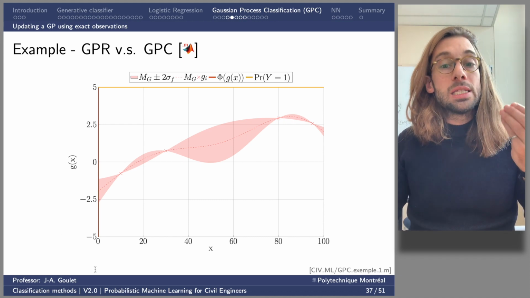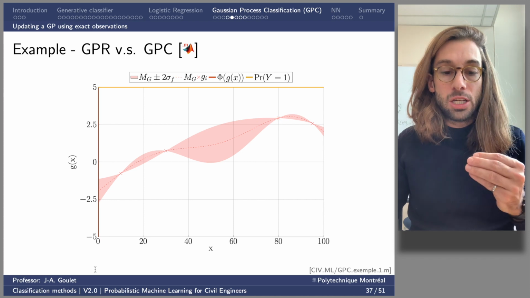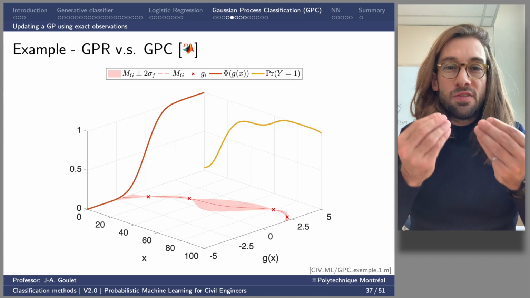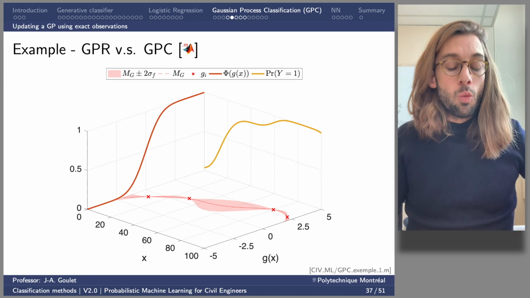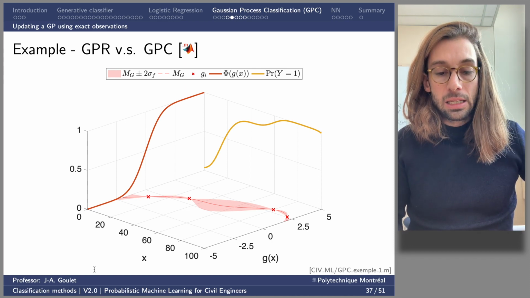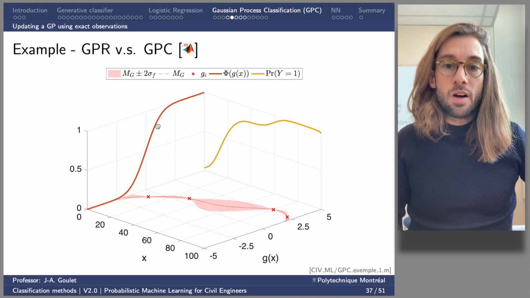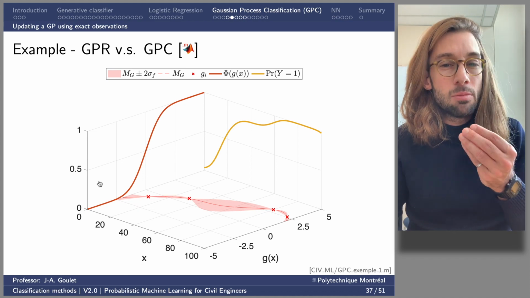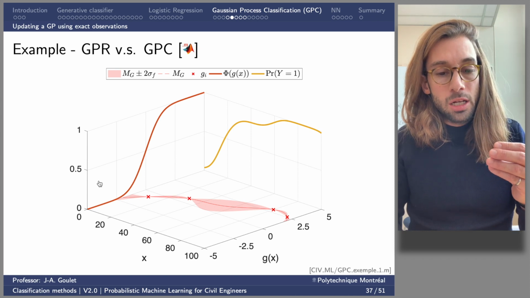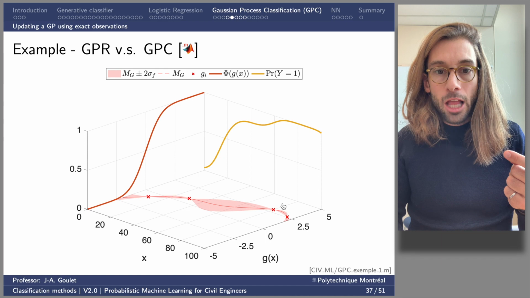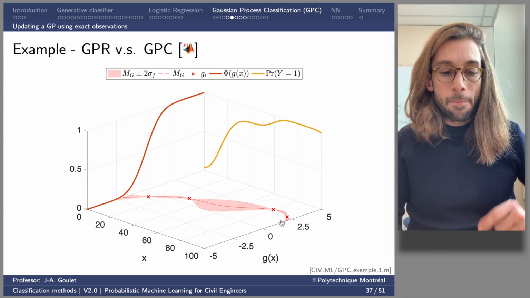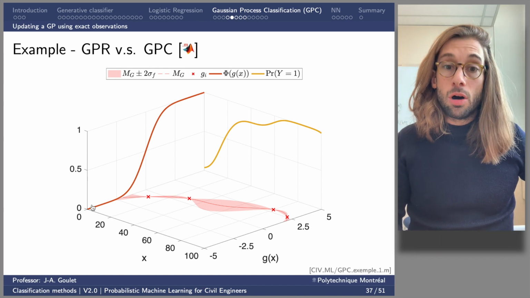How do we extend this to a classification context? This is very similar to what we did with logistic regression, which means we're going to pass this Gaussian process into our sigmoid function. This is not going to be the same sigmoid as before. It's going to be a nonlinear function that squashes the real-valued output of our Gaussian process into the range 0, 1.